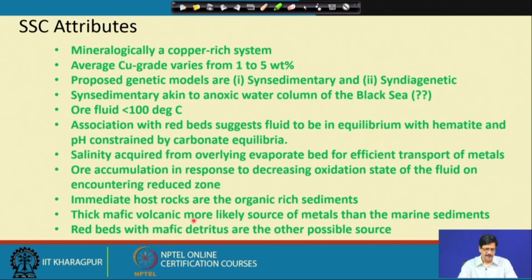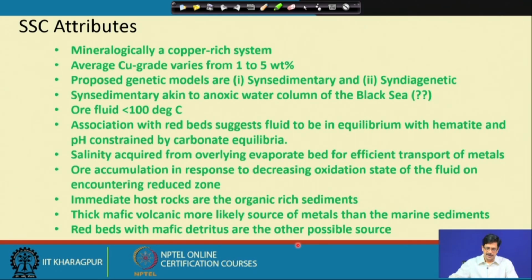And sometimes these sedimentary strata are also associated with or overlie thick mafic volcanics, more like the source which could possibly provide the metals, rather than the marine sediments. Red beds with mafic detritus are the other possible source.